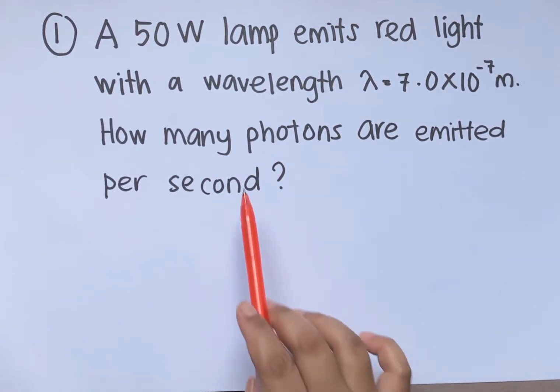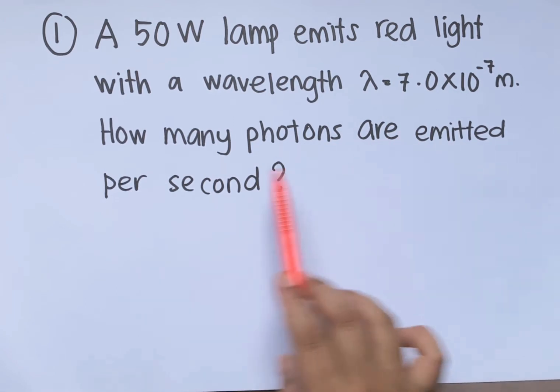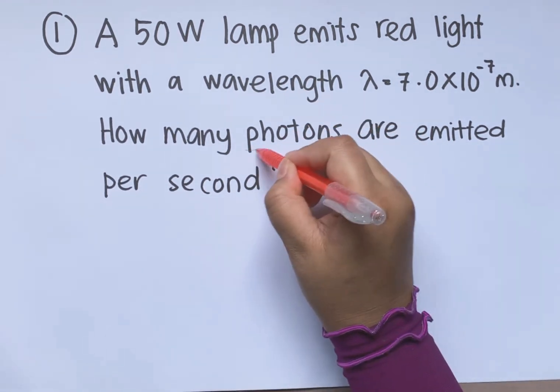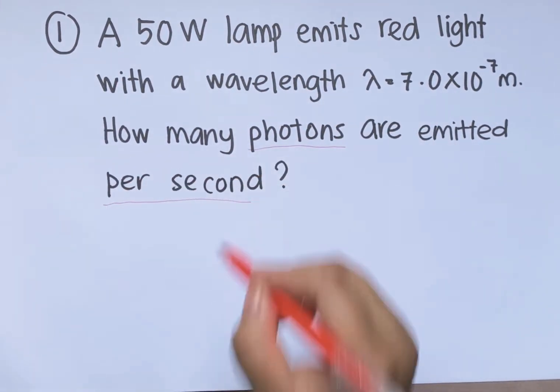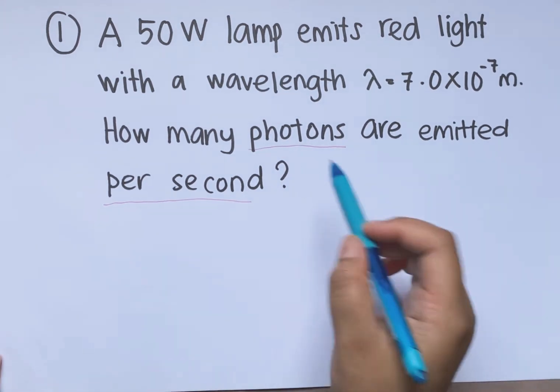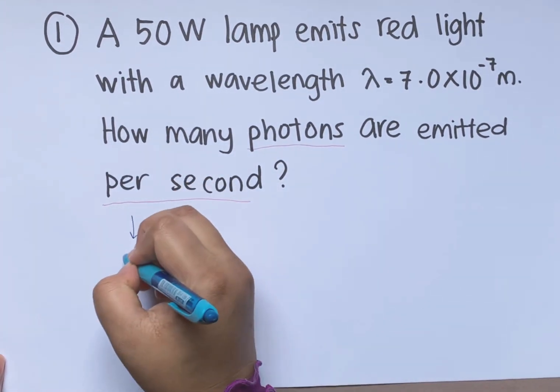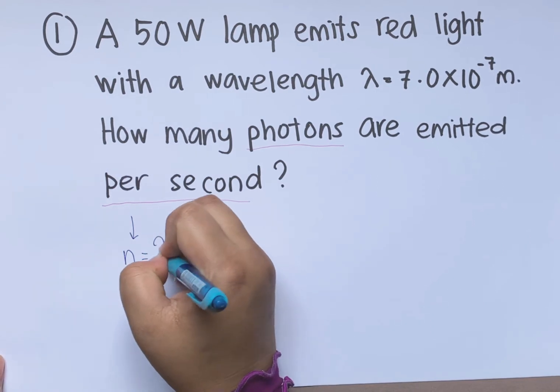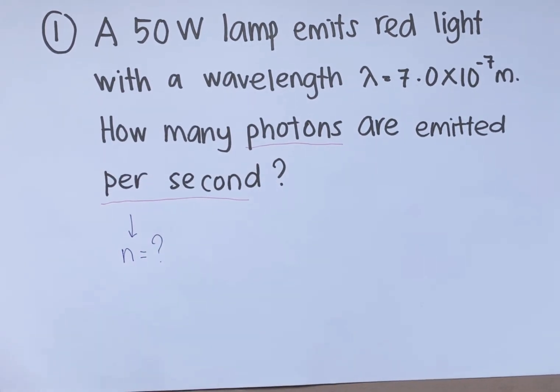How many photons are emitted per second? Photons per second, as we know from the previous lesson, is N. So we want to find N.